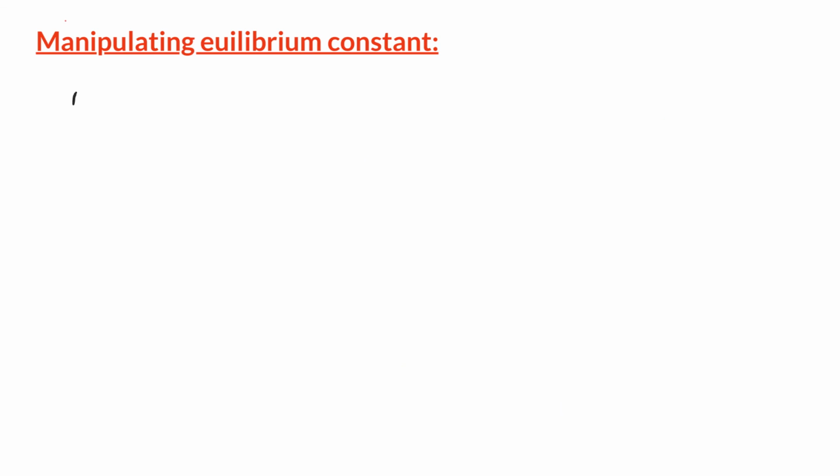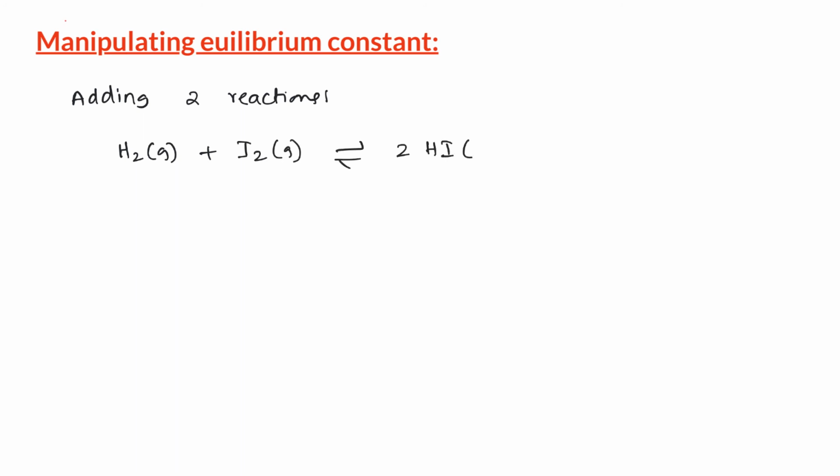Next, let us learn what happens to the equilibrium constant when we add two different reactions. For example, we have the following reactions. 1 mole of hydrogen reacts with iodine to form 2 moles of HI. The equilibrium constant for this reaction, K1, is equal to the concentration of HI to the power 2 divided by the concentration of H2 and I2 at equilibrium.